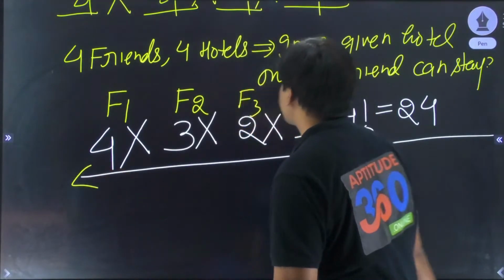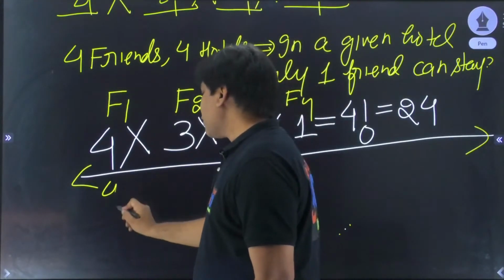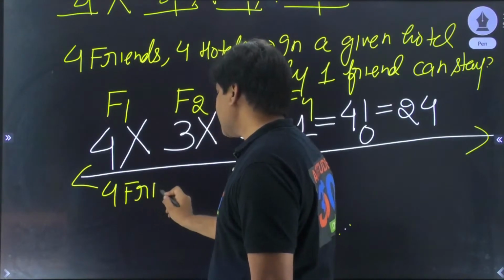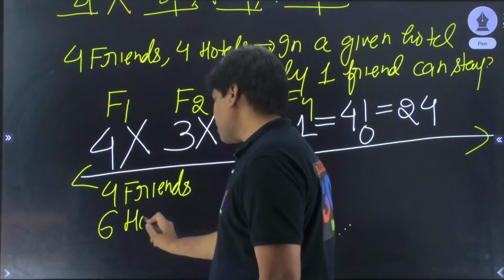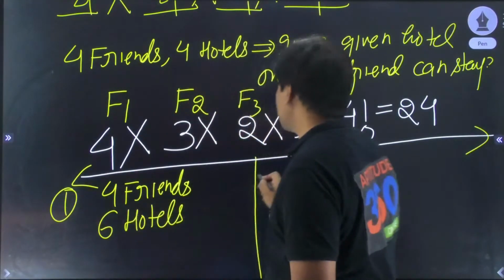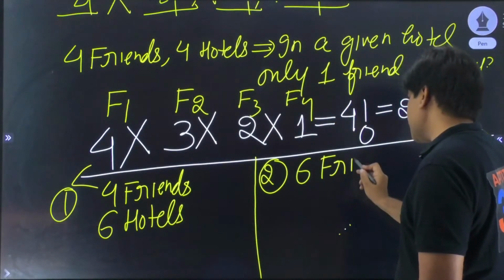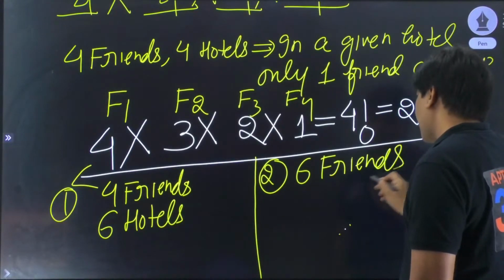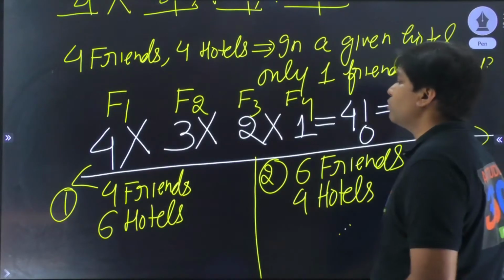Now, I'm changing my condition. I'm giving you 2 problems. I say that I have got 4 friends and 6 hotels. And my second problem is I have got 6 friends and 4 hotels, and no condition has been given to you.